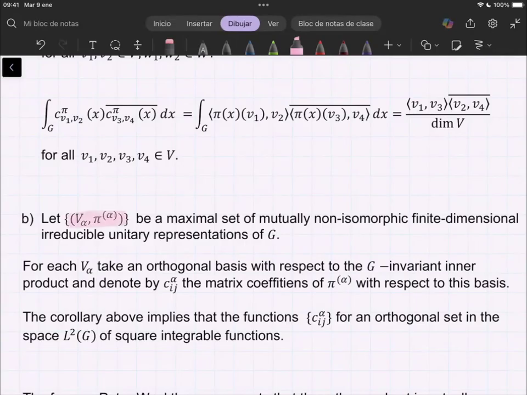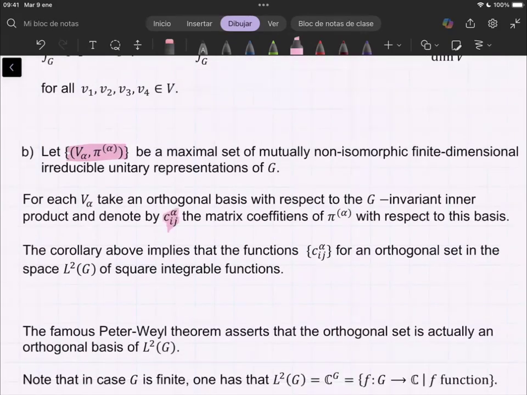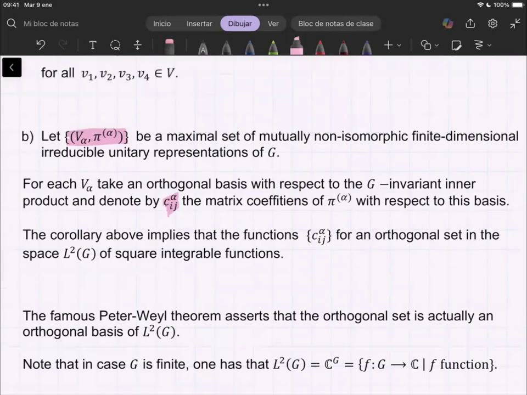And we call this by... so what we wrote before, this i and j are different, so the matrix coefficients are orthogonal, and we have an orthogonal set inside the L2 functions. Okay, so we have an orthogonal set.